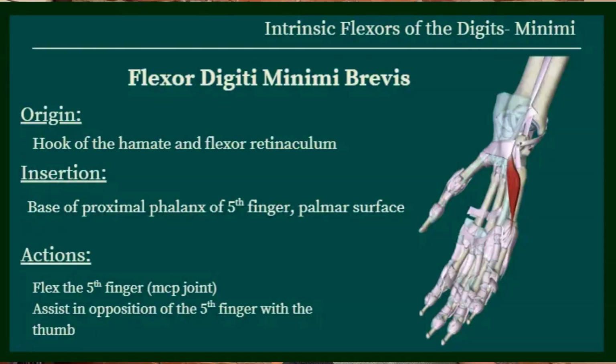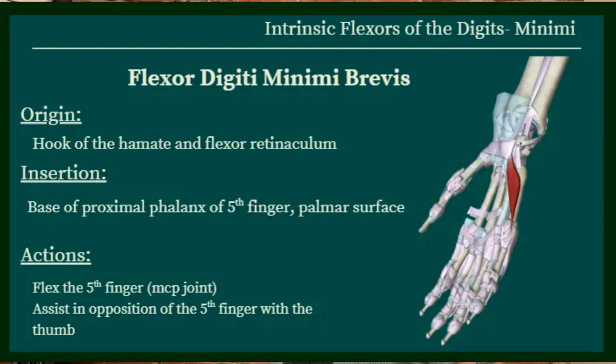So flexor digiti minimi brevis, the small muscle that makes your small finger flex. So flexing is like this, remember, not adducting. We're flexing it, just that one. So it starts at the hook of the hamate, and it also attaches to the flexor retinaculum.